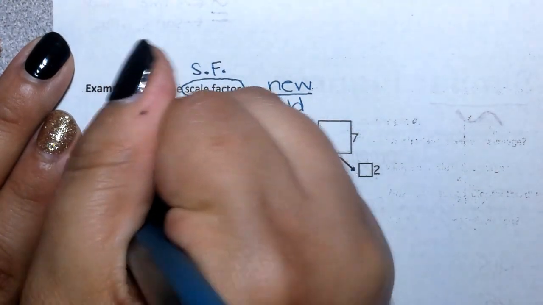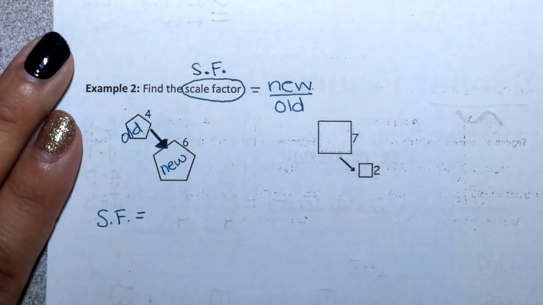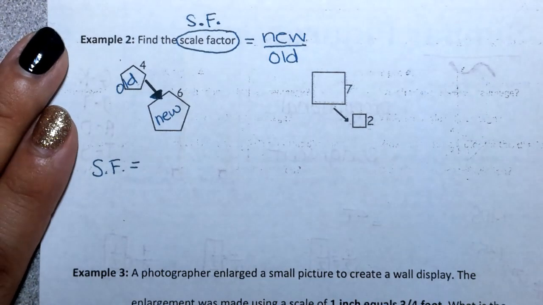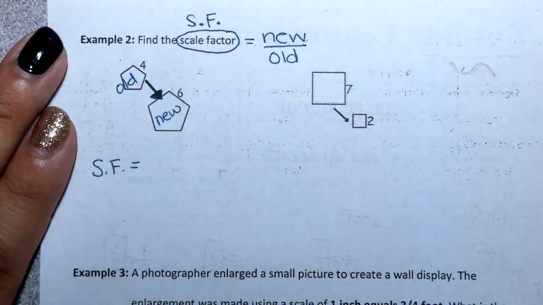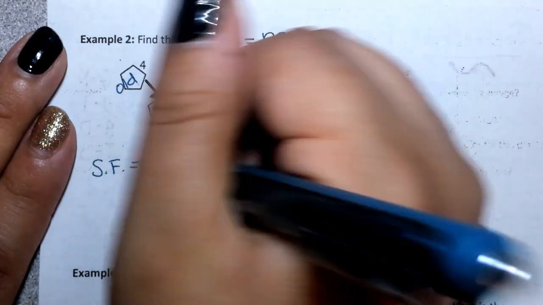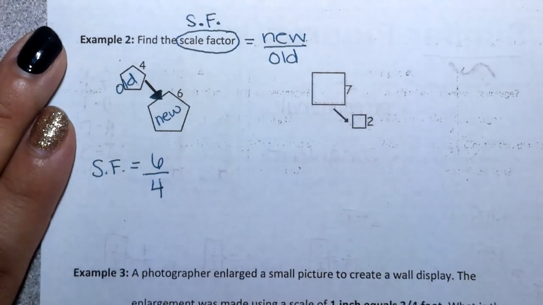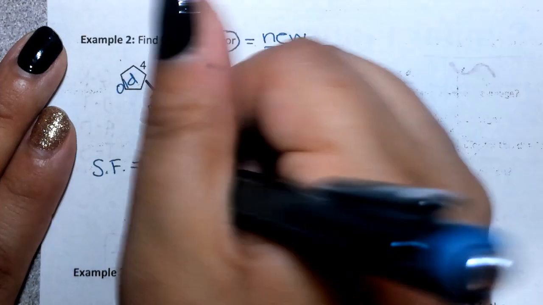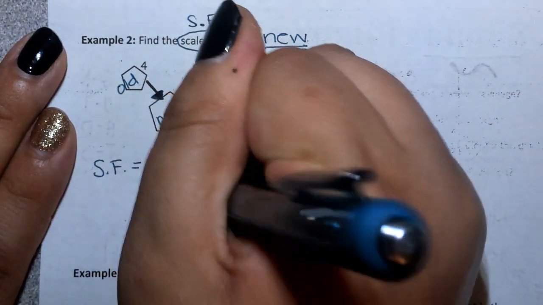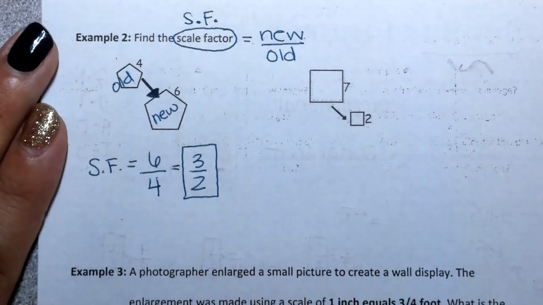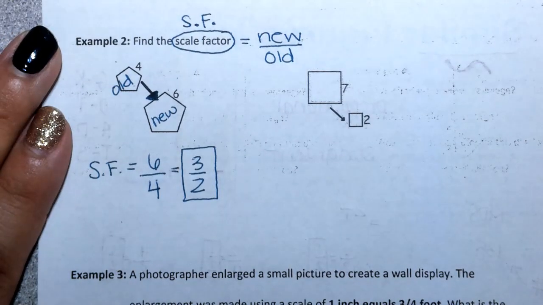So to find my scale factor, are we okay? What is my new? What is my old? What is 6 divided by 4? 3 over 2 is my scale factor. And then check to make sure it makes sense.